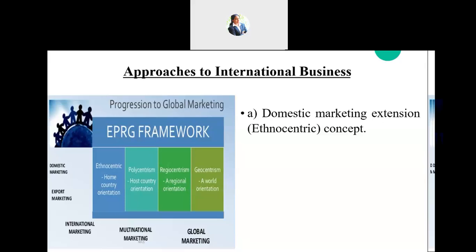Now, the norms and policies framed and followed by the headquarters are necessarily to be adhered to and followed by its subsidiary companies in the overseas market.